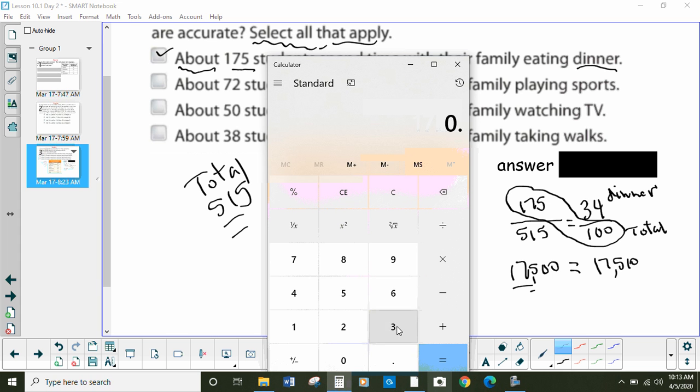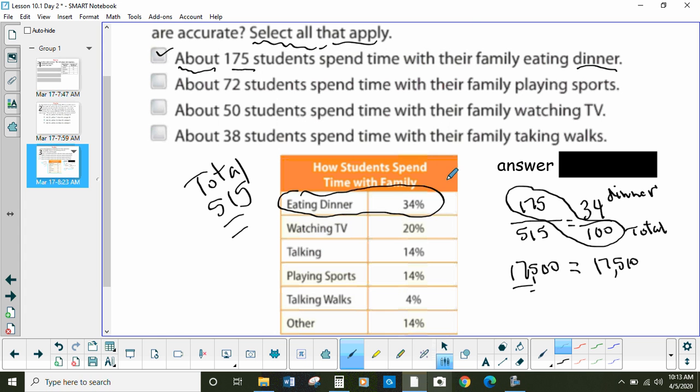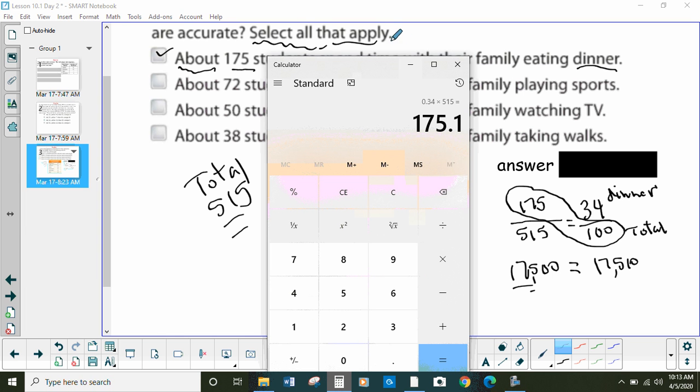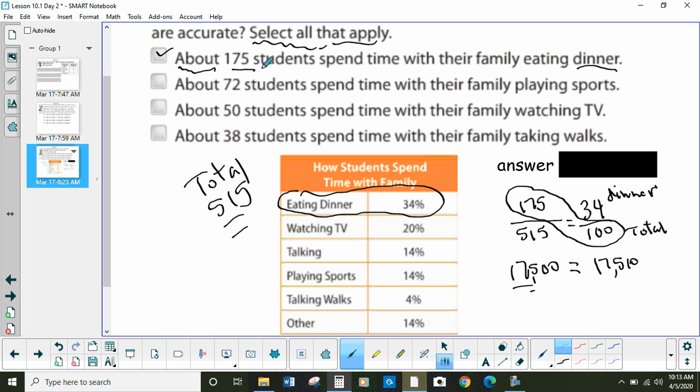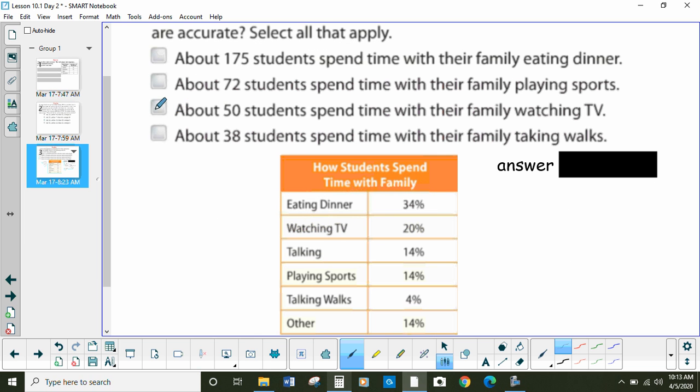But you've got to convert percent to a decimal first, multiply, and we would get about 175.1. Yeah, that's basically the same thing, isn't it? Okay, so let's check the next one now. So we know that A works because it says about and it was close enough.